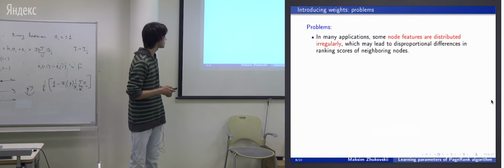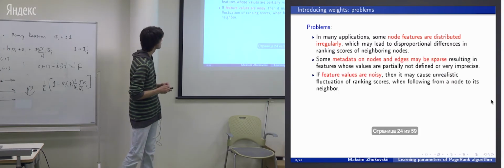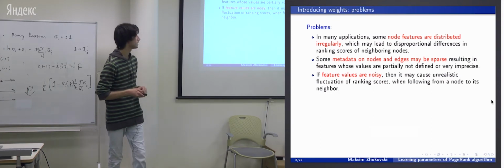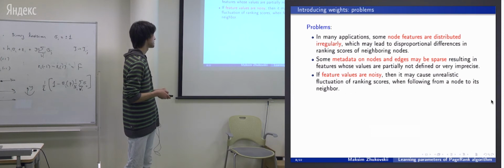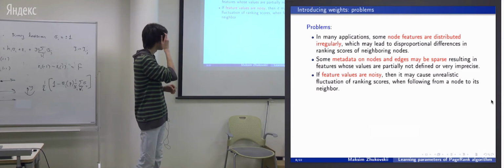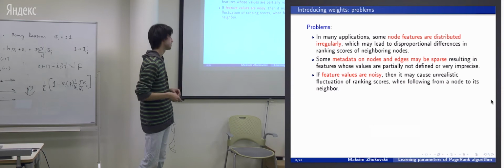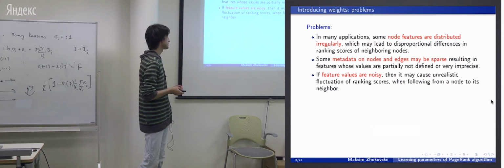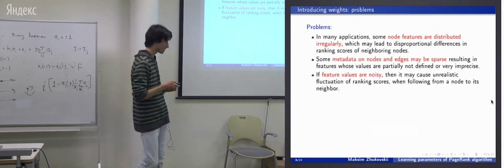And so this algorithm has some problems. The first one is that some node features are distributed irregularly, and this leads to disproportional differences in ranking scores of neighboring items. Also, some metadata can be sparse, and feature values are noisy, so it causes unrealistic fluctuations of ranking scores.